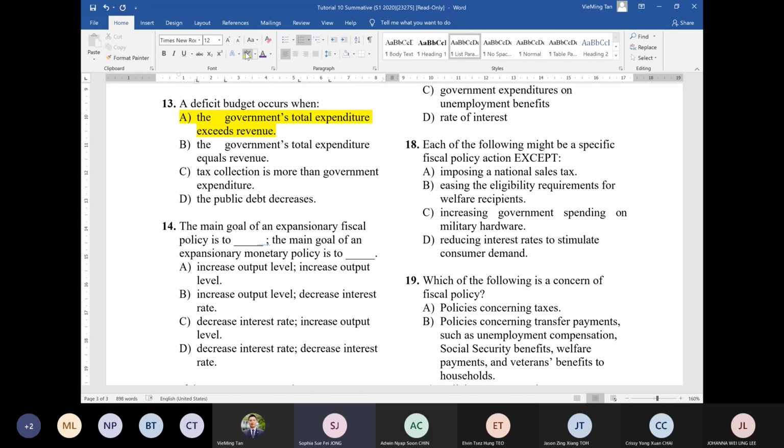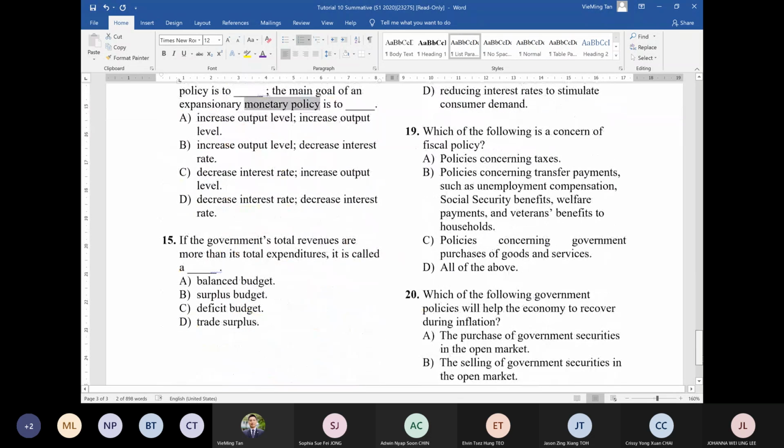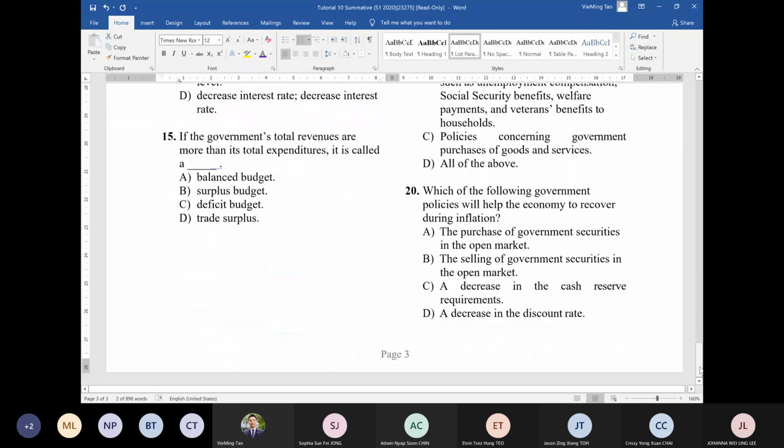Oh, yeah, it's about the monetary. Yeah, correct. Thank you for reminding. Because this question is related to monetary policy that we have not covered in tutorial. This chapter will be covered in the coming week. Okay, thank you for informing. So let us skip this question for today, and then I'll move to question number 15.